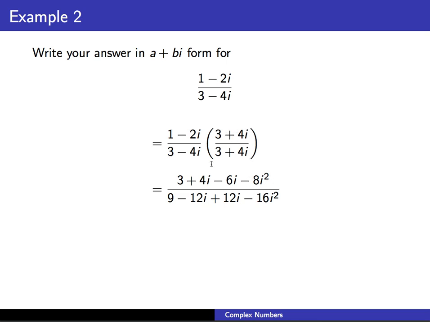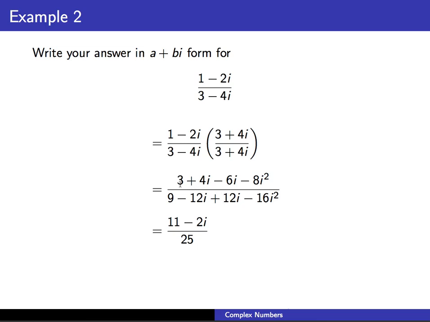In the denominator, 3 times 3 is 9, 3 times 4i is 12i, negative 4i times 3 is negative 12i, and negative 4i times 4i is negative 16i squared. And notice in the denominator, the negative 12i and positive 12i will cancel each other out. That's because when you multiply conjugates, those middle terms will cancel out.